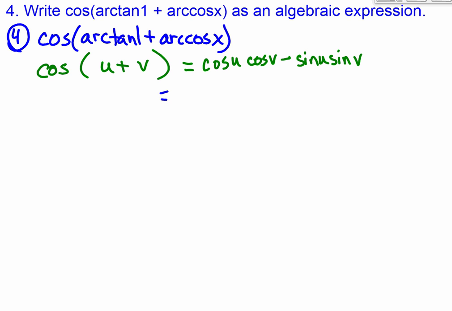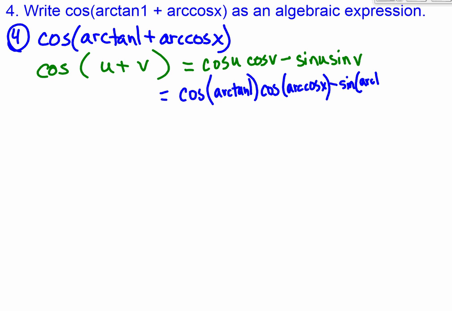So I need the cosine of the arctangent of 1 times the cosine of the arccosine of x, minus the sine of the arctangent of 1 times the sine of the arccosine of x. And I just fit it in. Yay.